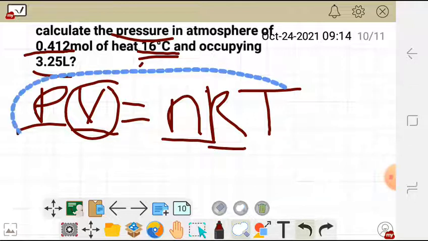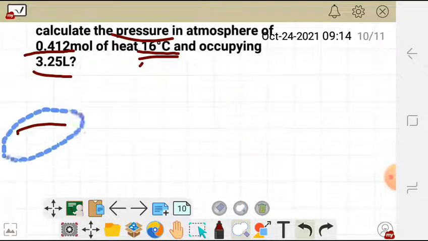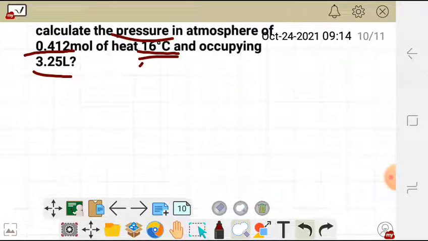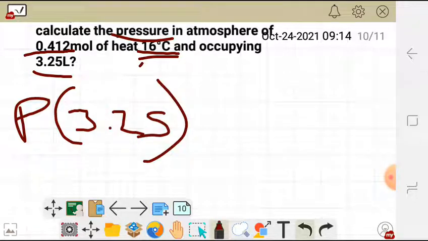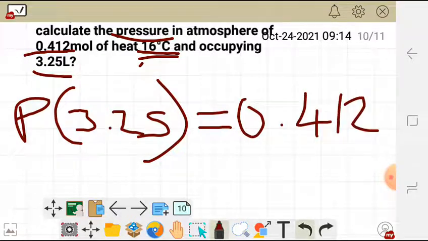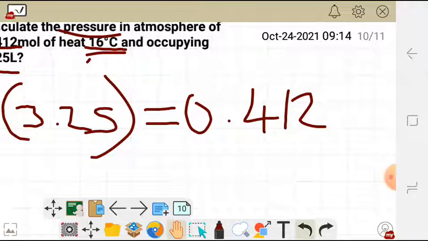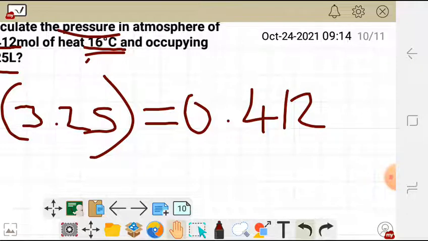So let's replace in the formula now. We have P, which is what we are looking for, and then the volume is 3.25 liters, which is equal to the number of moles, 0.412, and then R. Remember, R is a constant you're going to be given.